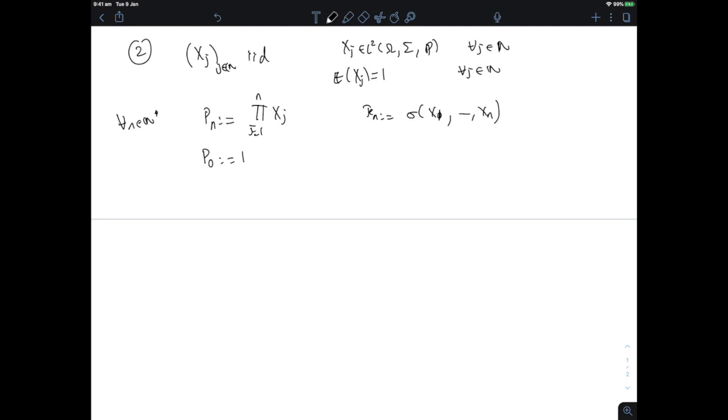That's going to be very often the way we define our filtration given a family of IID variables, and then we build our martingale as a function of these IID variables. And again, initialize with F0 being the trivial sigma algebra. Now, I want to show that Pn is an L2 martingale with respect to this filtration.